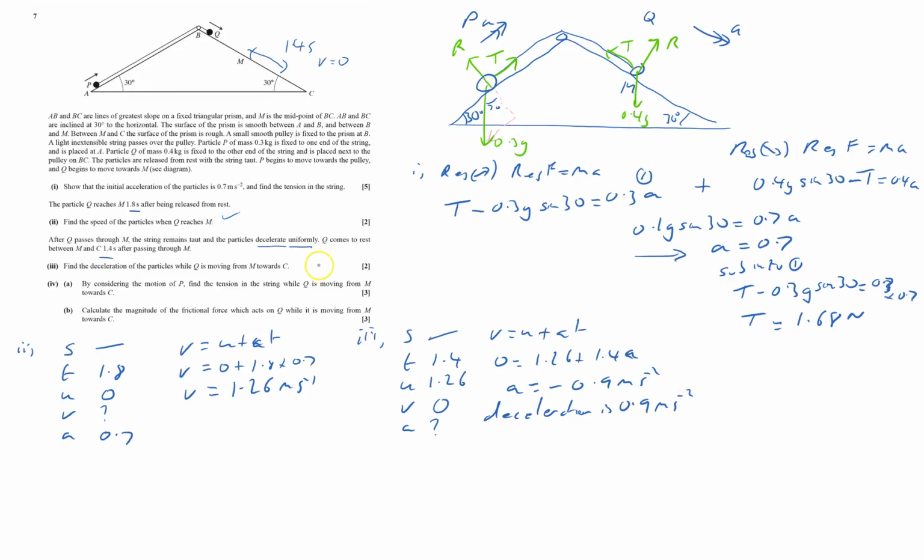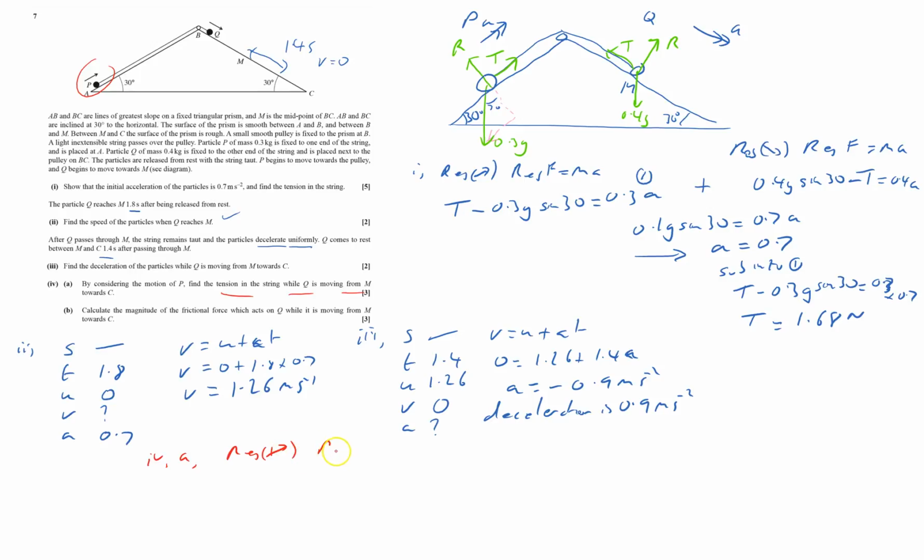So I've done that bit, and for part 4 I'm going to do it in different colours so I can try and get it all to fit on here. Find deceleration, done that bit. By considering the motion of P, find the tension in the string while Q is moving from M towards C. So I'm now going to just consider the P bit over here, and resolve up the slope like so.